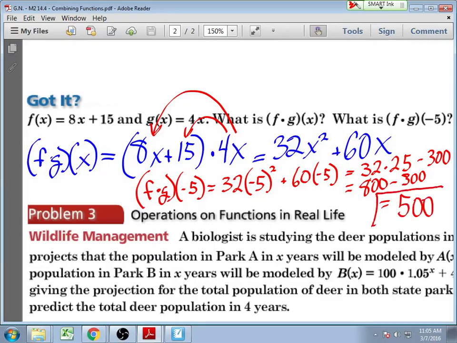I did it a lot easier. How's that? I distributed the -5 before. So I got -40 plus 15, and then times -20. So -25 times -20. Okay.